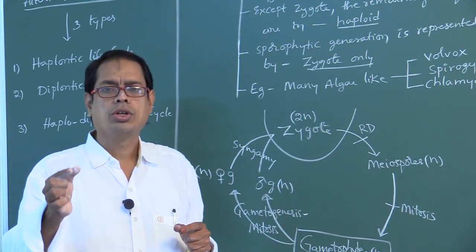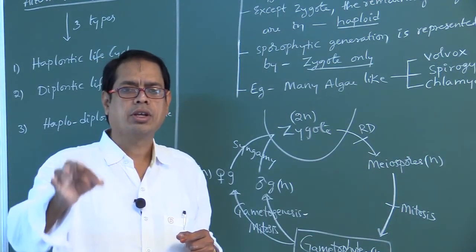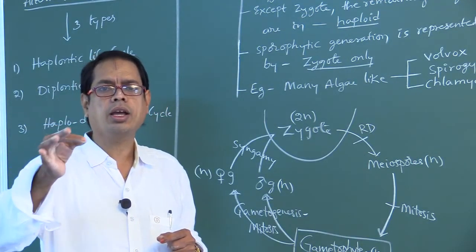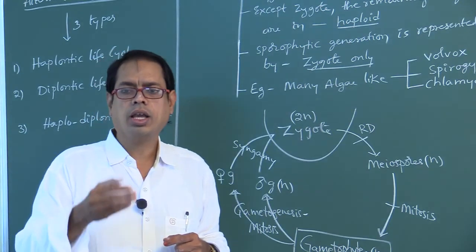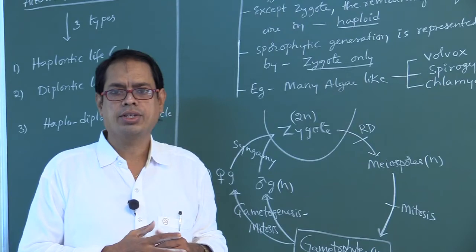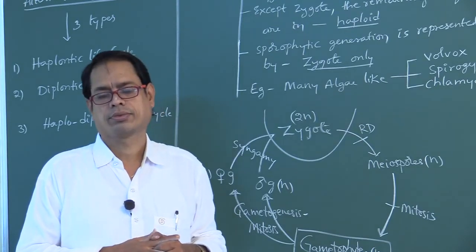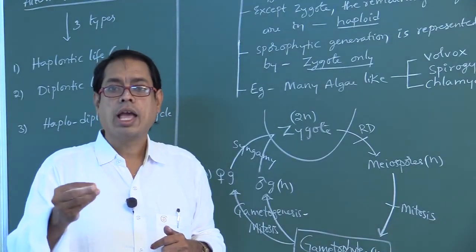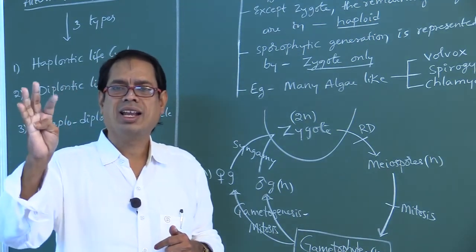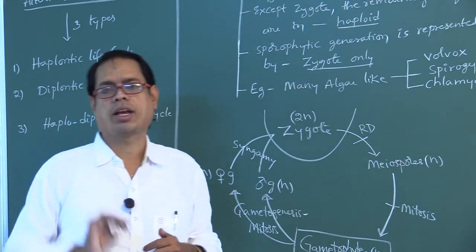Majority of algae like Volvox, Spirogyra, Chlamydomonas show haplontic. Fucus shows diplontic. Ectocarpus, Laminaria, Polysiphonia show haplodiplontic life cycle.